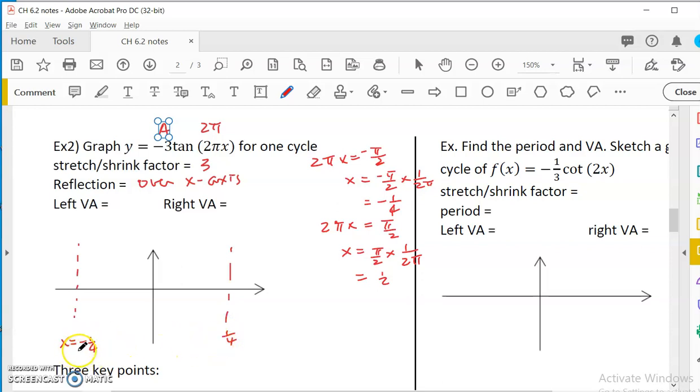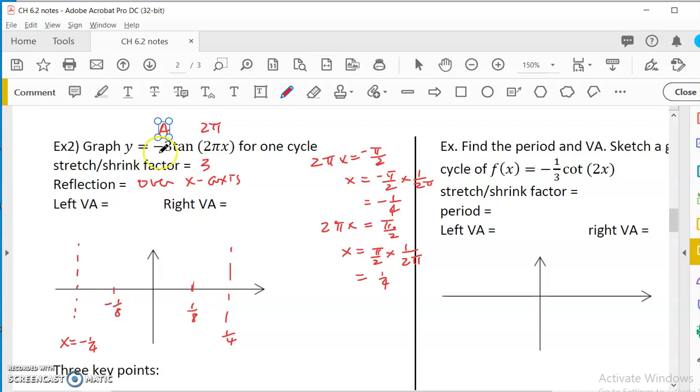It used to be negative pi over 2 and pi over 2. To solve for the new one, you take what is in the input of the new transformed function and solve for the new asymptote. So what is halfway between 0 and 1/4 is 1/8. Halfway between negative 1/4 and 0 is negative 1/8.